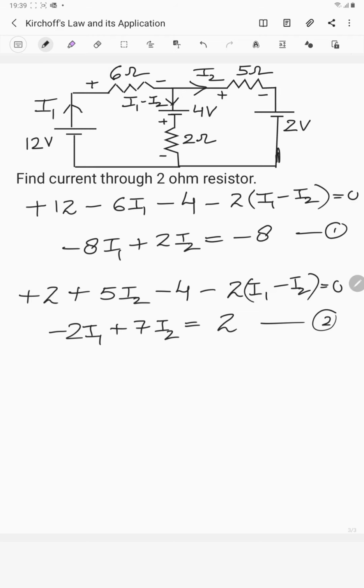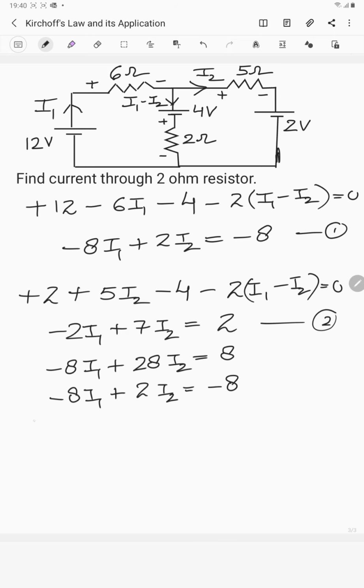Now we have to solve the equations 1 and 2 in order to have the values of I1 and I2. So how can we solve? Let's multiply equation number 2 by 4. So we will be getting minus 8 I1 plus 28 of I2 equals to 8. For the equation 1, it is minus 8 I1 plus 2 of I2 equals to minus of 8.